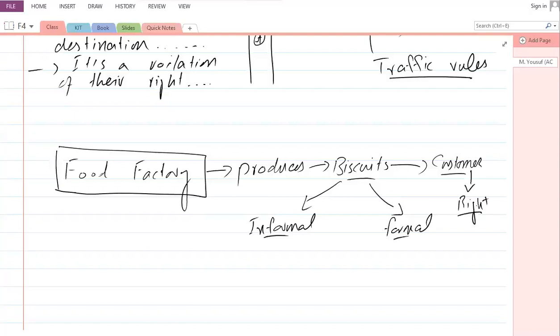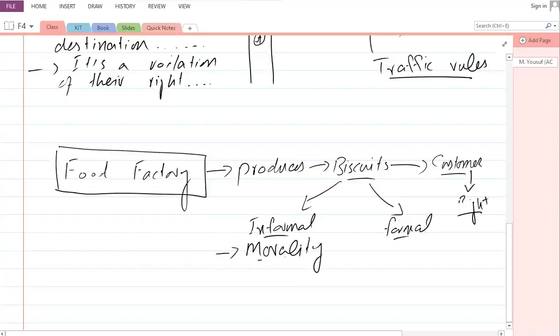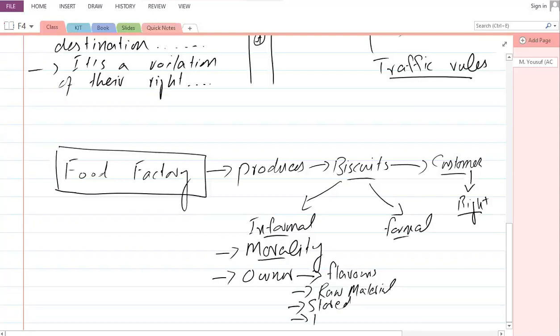So how about informal mechanism? This means that it will depend on morality, ethics. If we are going to tackle this production of biscuits with morality, this means that the owner of the factory will decide the flavors, the raw material, how this raw material is going to be stored and produced.